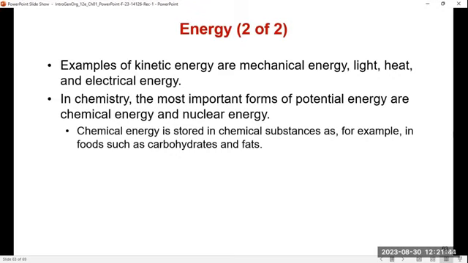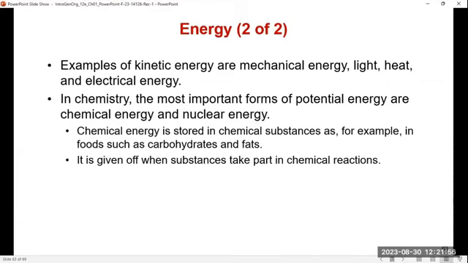These are the chemical potential energy in the bonds. Energy is given off when substances take part in a chemical reaction. When a chemical reaction takes place, bonds are broken and new ones are formed. Depending on the relative energy of bonds broken and bonds formed, you can have exothermic reactions, where heat is given out, or endothermic reactions, where heat is absorbed.